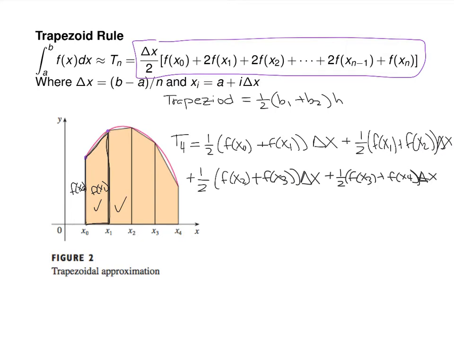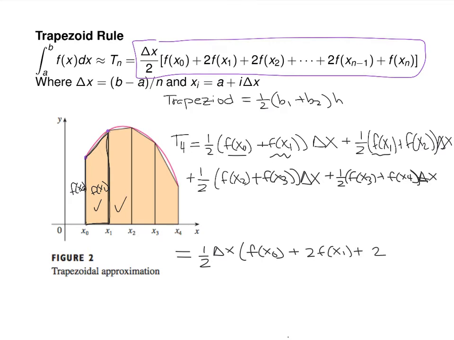Now notice here that the greatest common factor is 1/2 delta x. And when we take that out, we have f of x0. We have this f of x1, that f of x1, making 2 f of x1s.